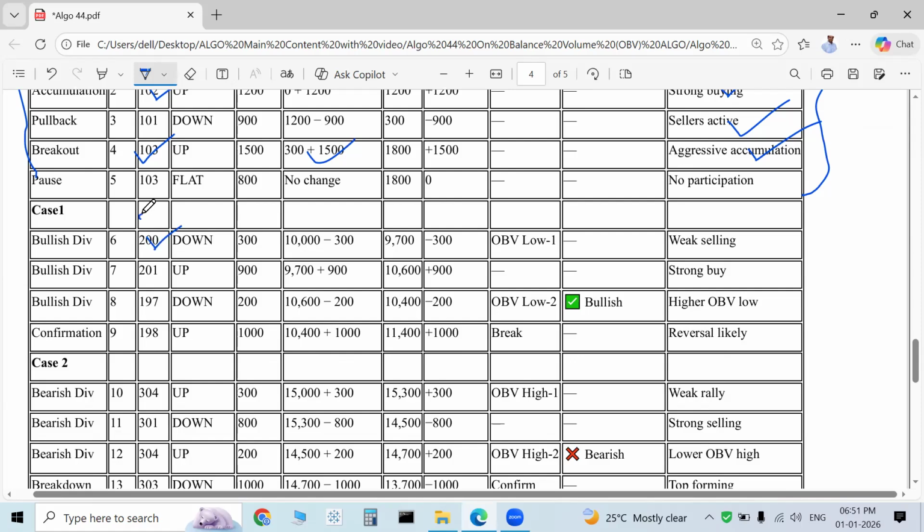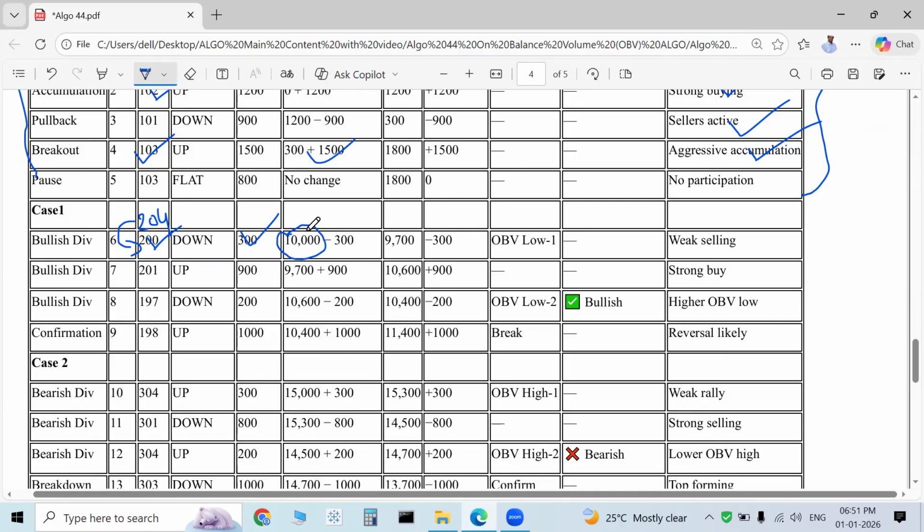Previously, let's consider the price was 204. The price is down and this is the volume, and let's consider that the previous OBV is 10,000. So I have considered this value, which means the calculation from the previous value has been taken.